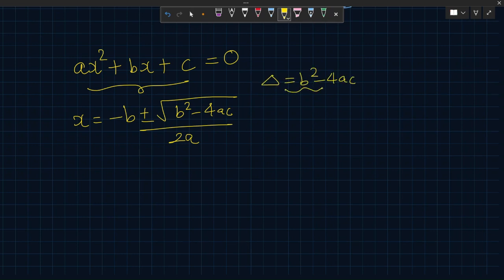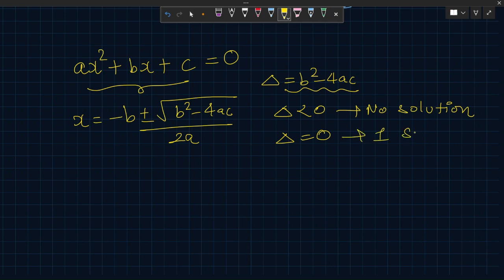So you can directly calculate delta first. If delta is less than 0, the quadratic equation has no solution. There is no value of x that can satisfy this equation. If the value of delta is 0, there is only one solution. And if the value of delta is greater than 0, then there are two solutions. There are two values of x that satisfy the quadratic equation.